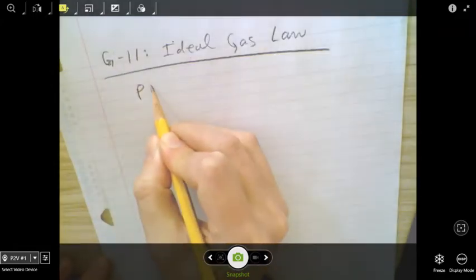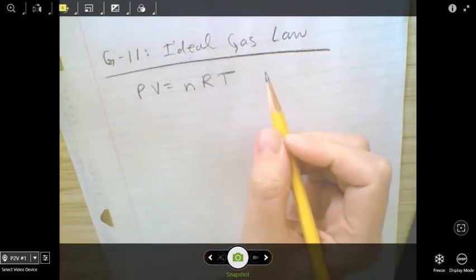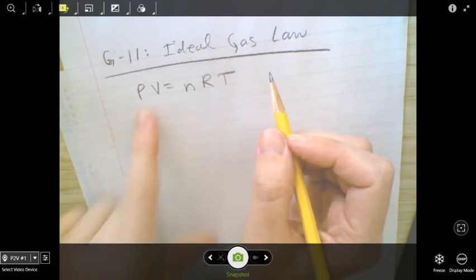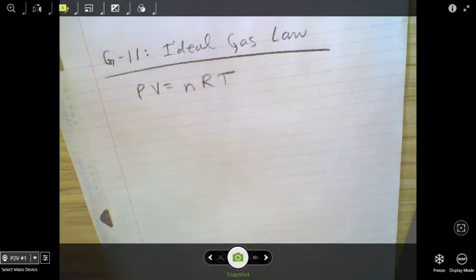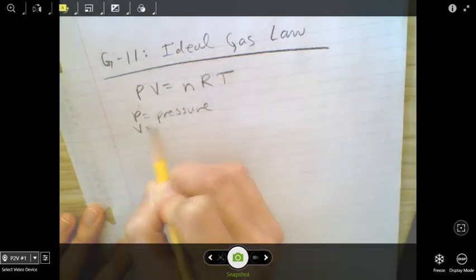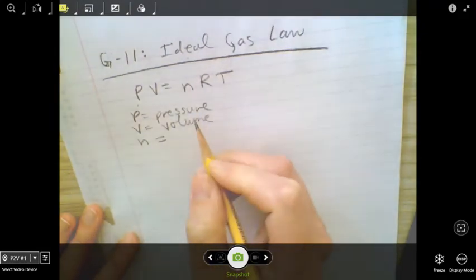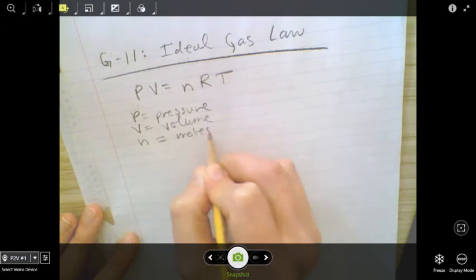So the formula is P times V equals n times R times T. Okay, P stands for what, everyone? V stands for volume. Lowercase n stands for what? Moles.